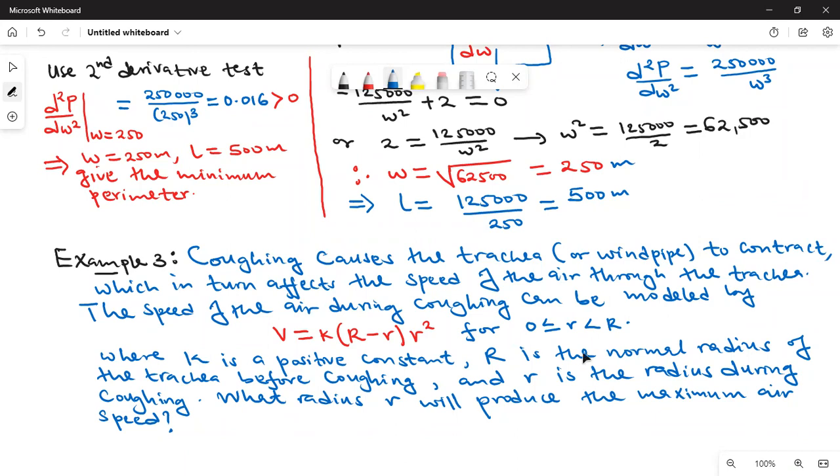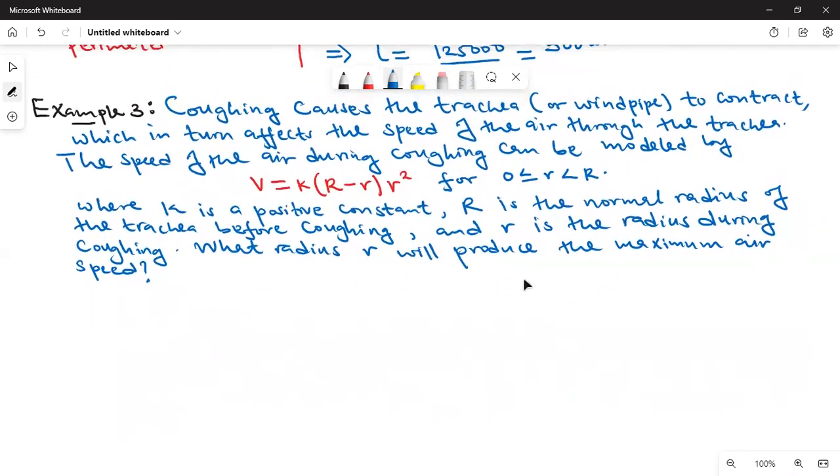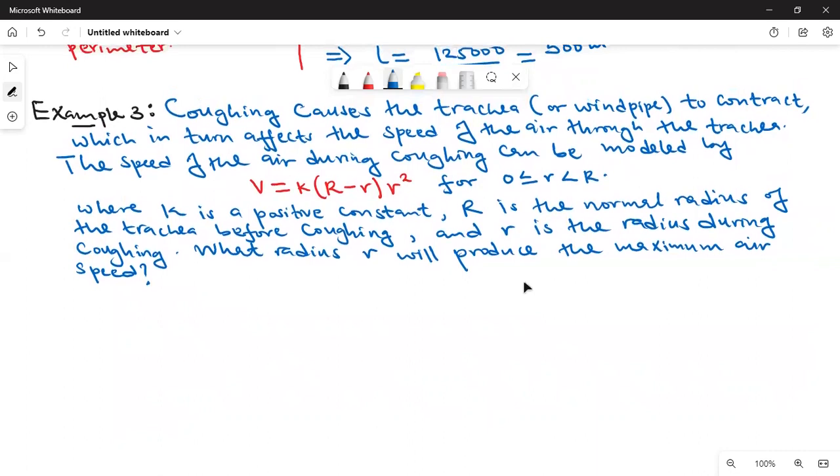Look at the question. We are asked to find the value of the small r that produces the maximum speed. So we need to maximize the speed. At what value of r will the speed of the air through the trachea be maximum? I told you at optimal values, the derivative of that function must be equal to 0.